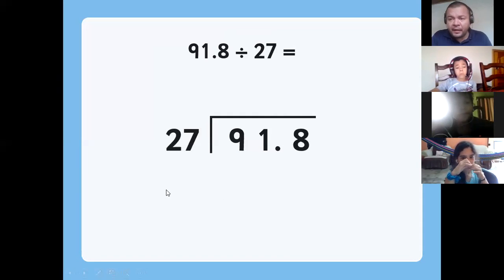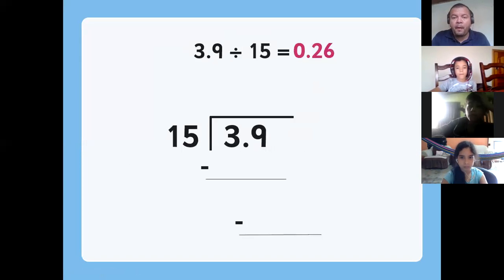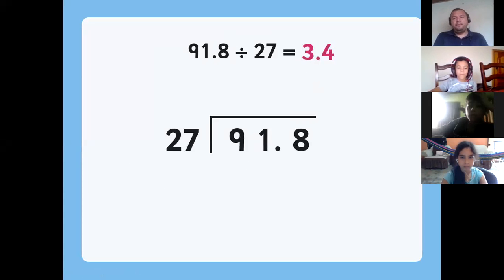So give me a number that can divide 91 and 27, and that multiplied by 27 is close to 91. Somebody said 3, somebody said 3.4. Why?